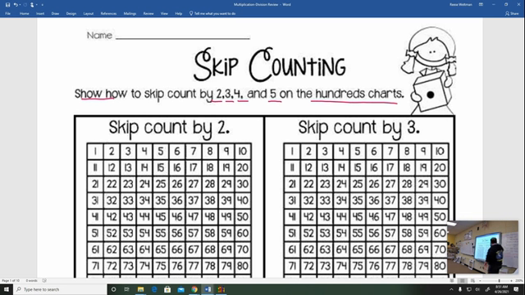I'll start out this first one here on the skip count by 2s. What I want you guys to do is circle each number when you're skip counting, okay? So this one would be 2, 4, 6, 8, 10, and so on, all the way down. But you're going to do it differently for each one. Next one, skip count by 3s, then 4s, then 5s.